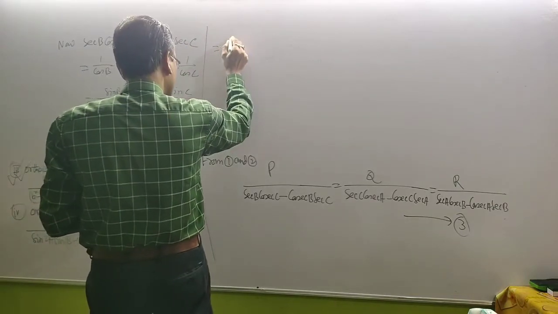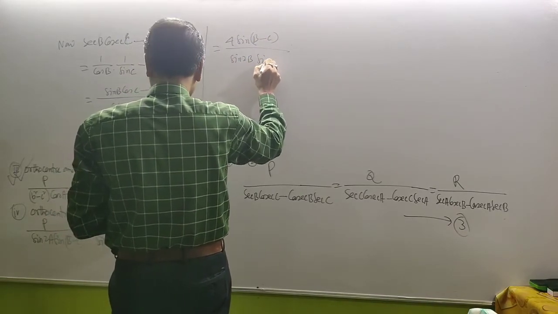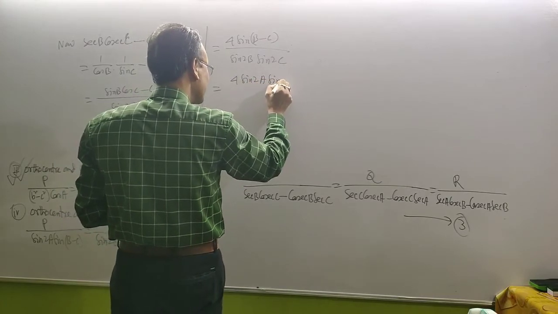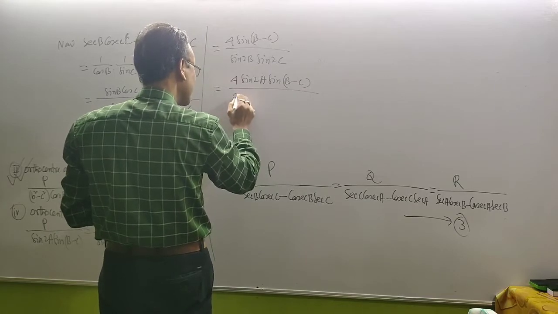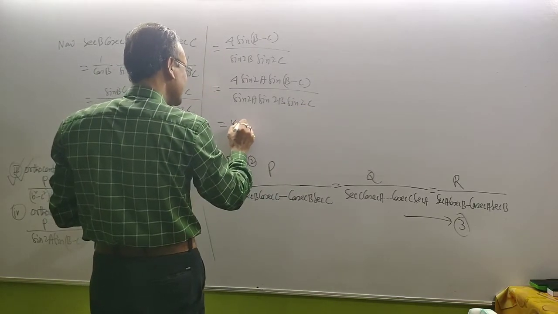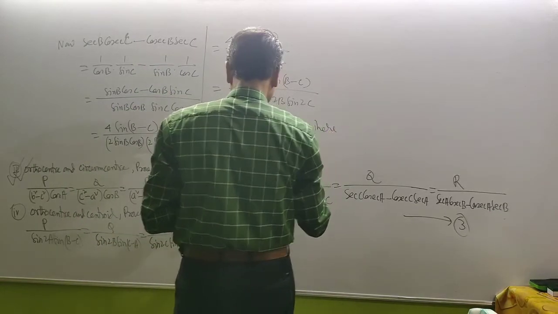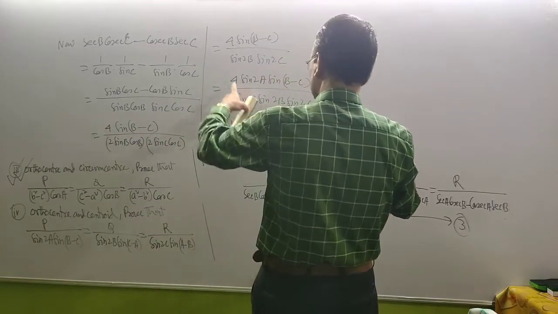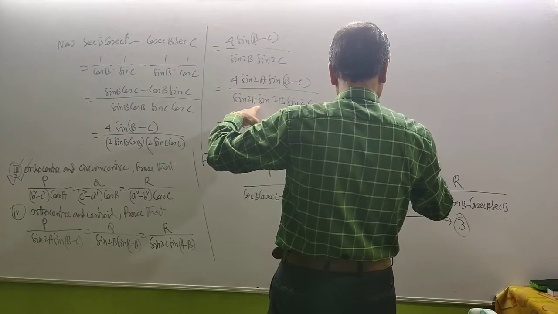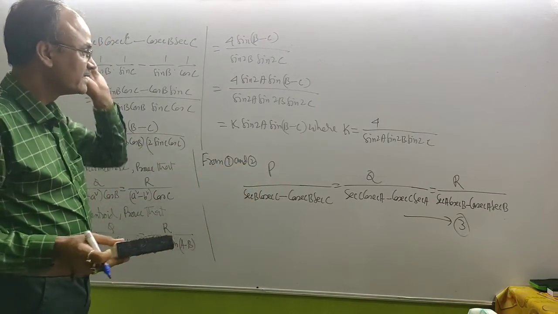This is equal to 4 sin(B minus C) divided by sin 2B sin 2C, or you may write 4 sin 2A sin(B minus C) divided by sin 2A sin 2B sin 2C, or you can write it as K sin 2A sin(B minus C), where K equal to 4 divided by sin 2A sin 2B sin 2C. You may write like this.